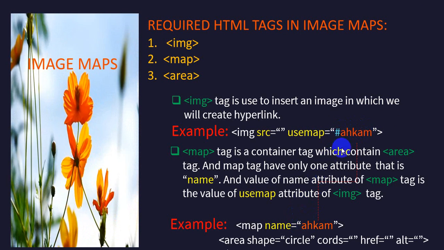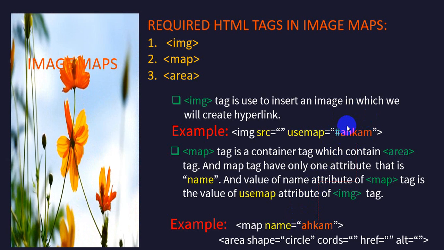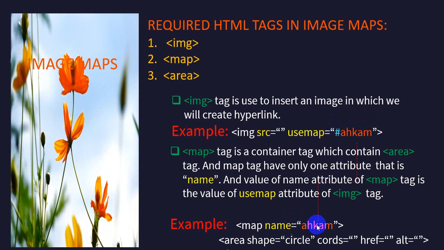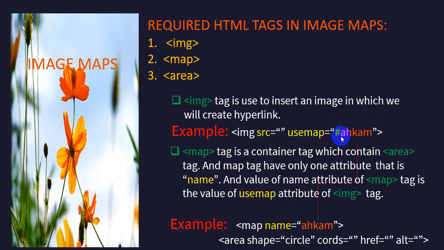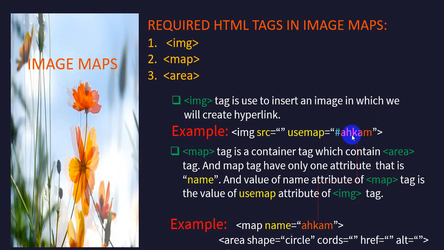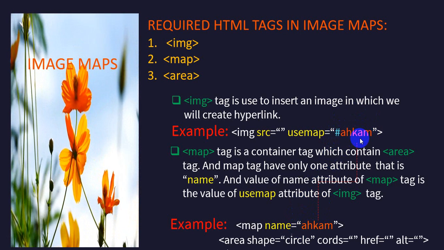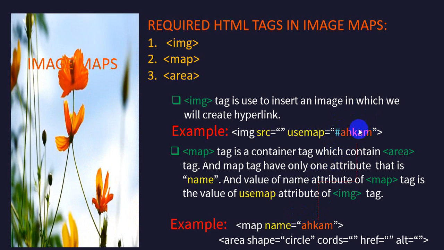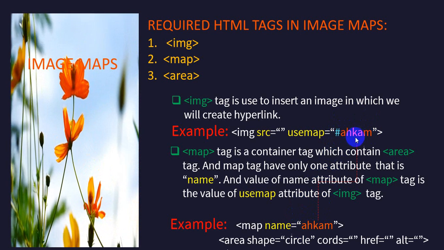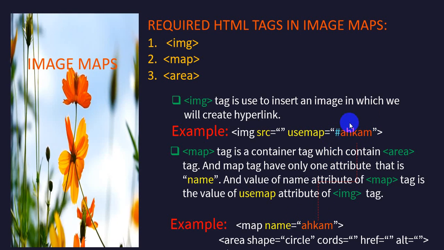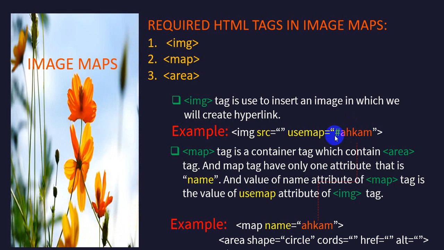Then you can assign any name. Here I have assigned account, you can assign ABC123, whatever you want, but the important thing is that you have to add the hash symbol.